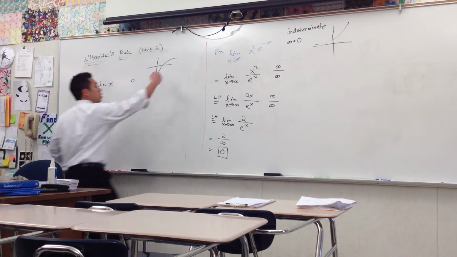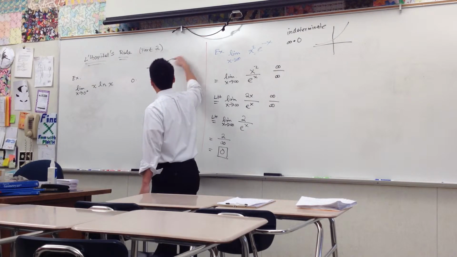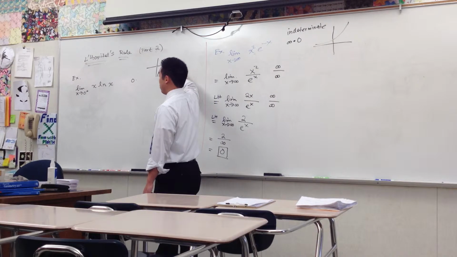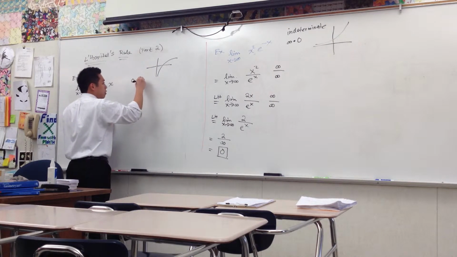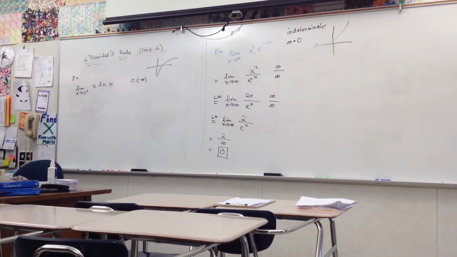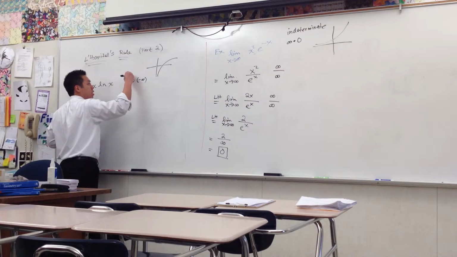If I approach 0, the graph goes down. So it's actually negative infinity. Okay, 0 times negative infinity. Could be 0, could be negative infinity, could be 11. So this is indeterminate.